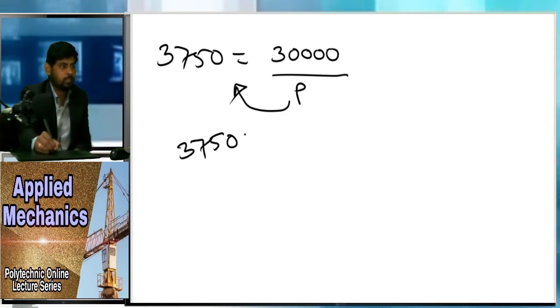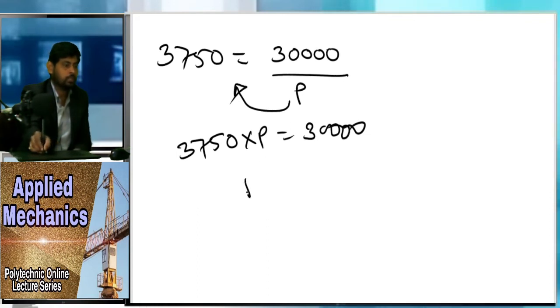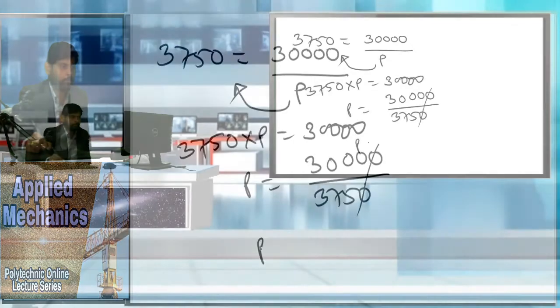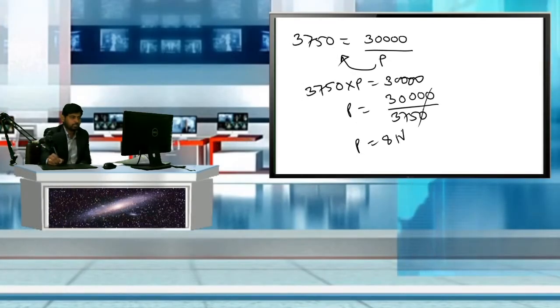So 3750 into P is equal to 30,000. So P is equal to 30,000 divided by 3750. Now do the calculation and find out the value of P. So P is nothing but 8 Newton. So this is the value for P.